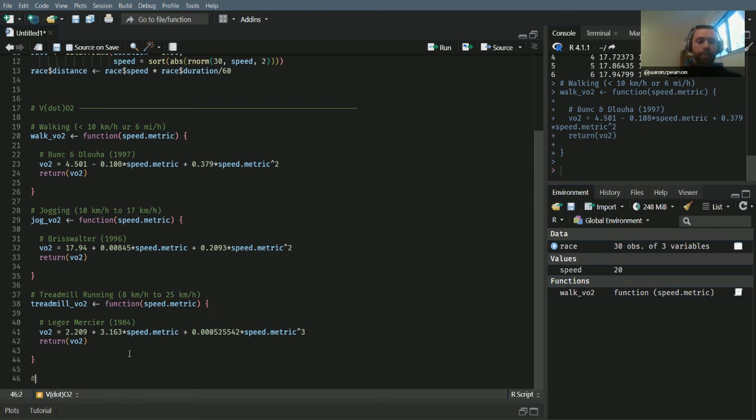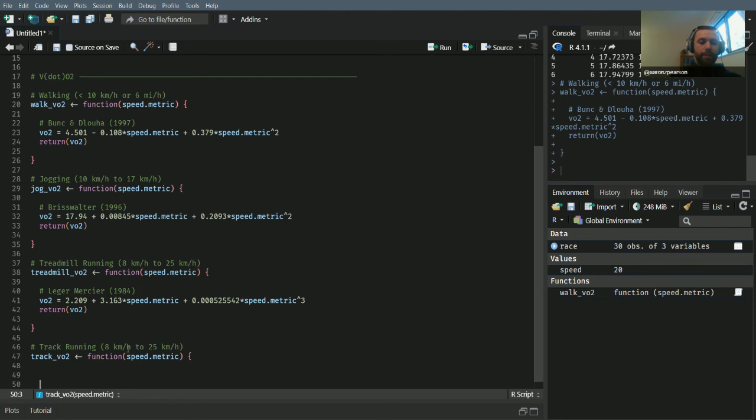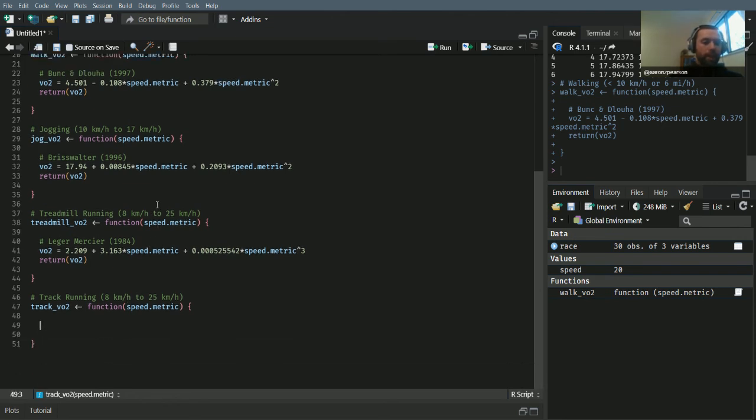And then finally, we'll have our track running. And this was also published by Leger and Mercier. And it's applied to 8 kilometers per hour to 25 kilometers per hour. So we'll call it track underscore VO2. And we're going to write out this function. Again, this is slightly redundant, but it's good practice, and you really get the feel for how functions should be built.